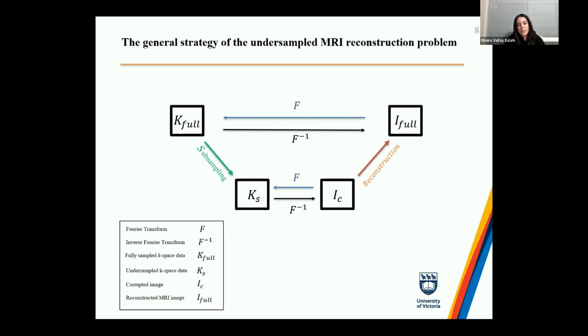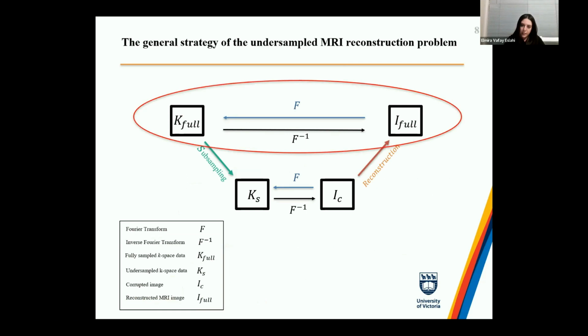So here is the general strategy of the undersampled MRI reconstruction problem. If you first take a look at the top one, this is the procedure that MRI usually does. MRI produces images in K-space, and easily with inverse Fourier transform, we can convert those into the image domain.